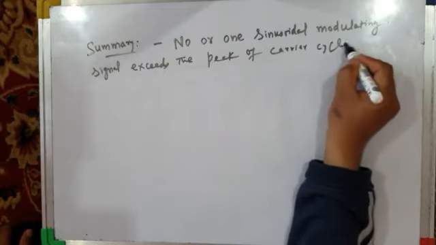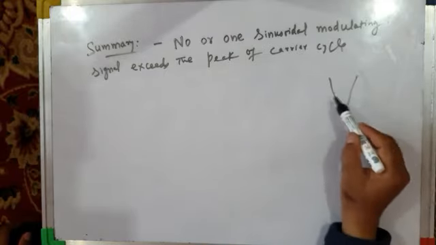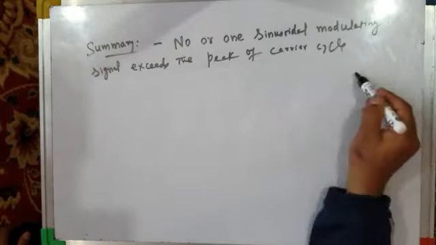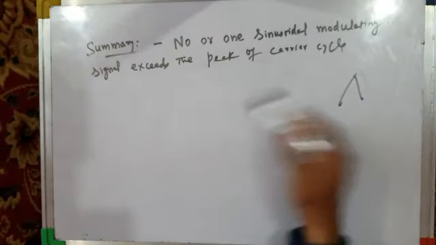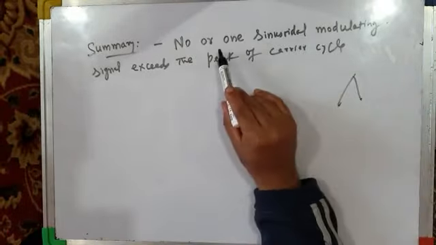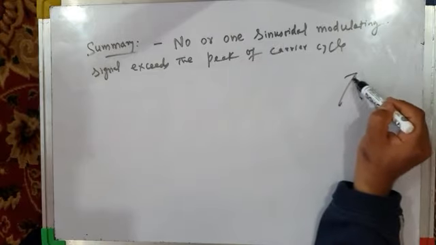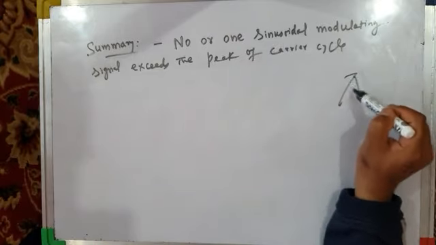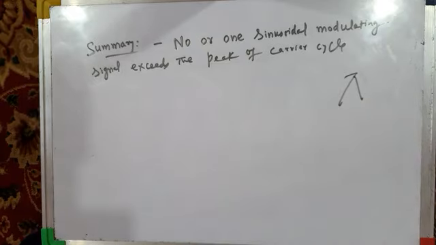If you take one carrier cycle and compare it with three sinusoidal modulating signals, only one sinusoidal modulating signal may be higher than the peak of the triangular carrier wave, and in some other carrier cycles there will be no sinusoidal modulating signal greater than the peak of the carrier.